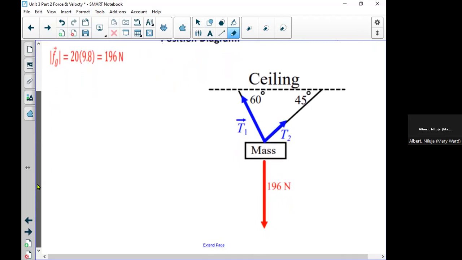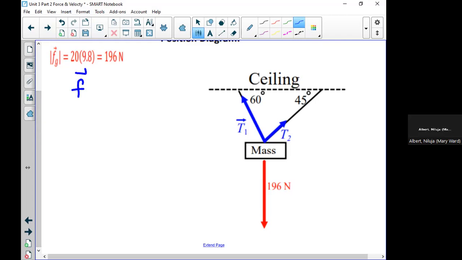So we have this rope that is making a smaller angle with the ceiling, and this rope that's making a larger angle with the ceiling. We also have a mass that is suspended in air with gravity trying to pull it down. So how did I get the number of newtons for the force due to gravity? I actually just used my formula.